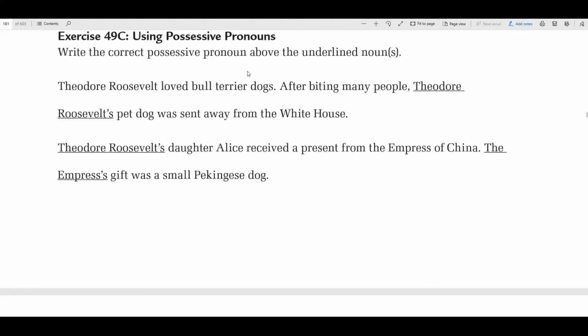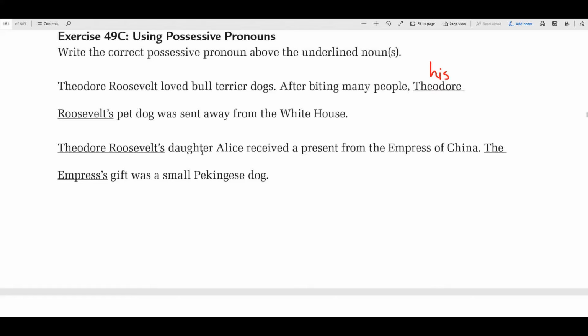Okay, so write the correct possessive pronoun above the underlined nouns. Theodore Roosevelt loved bull terrier dogs. After biting many people, Theodore Roosevelt's pet dog was sent away from the White House. So, correct possessive pronoun. So it would be his. Because after biting many people, his pet dog, there we go.